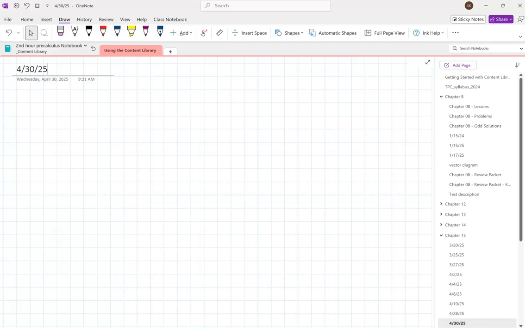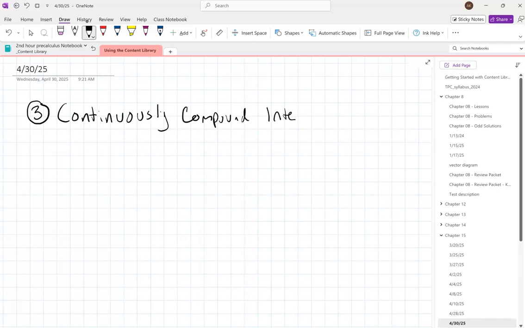So last time we talked about simple interest and compound interest. Today we're going to add the third type, continuously compounding interest. So when we say continuously, what kind of value for K are we talking about?